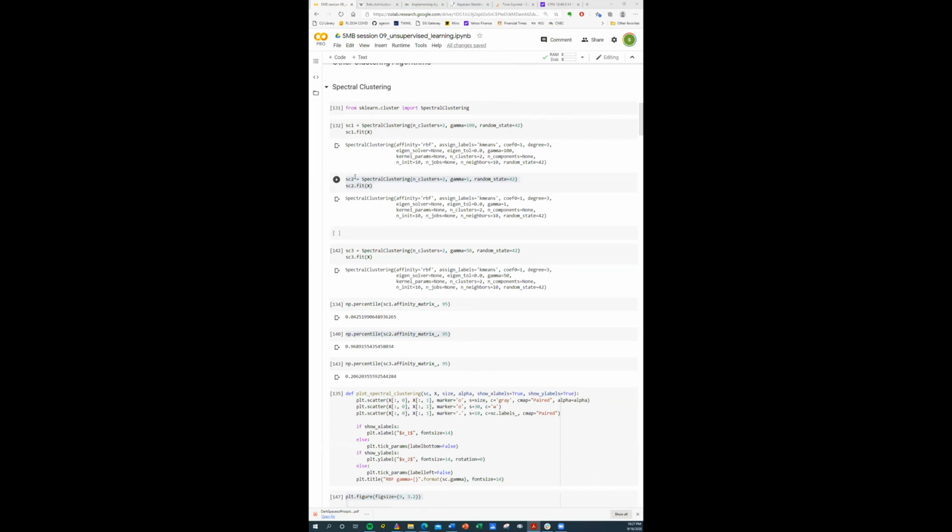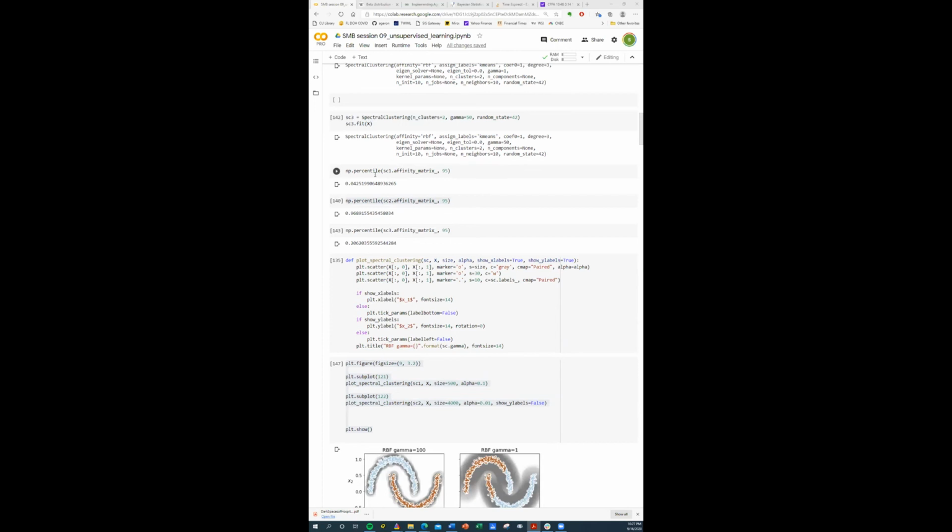We can take another one, SC2, spectral cluster example 2, with a gamma of 1, okay, and for completeness' sake, I threw in, which is not in your Colab, spectral clustering 3 with a gamma of 50.